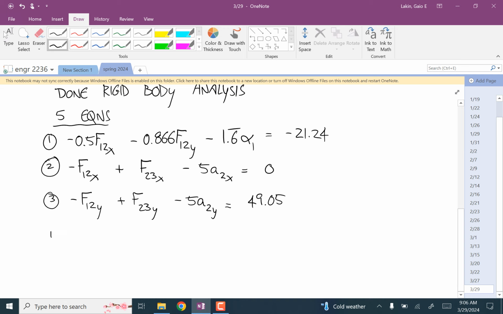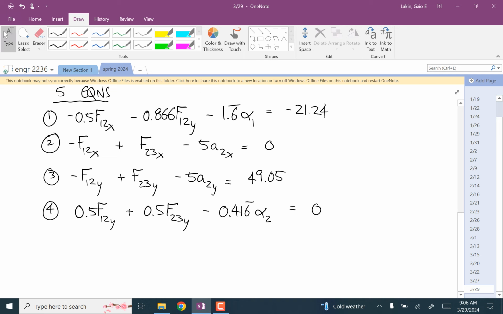Two more to go. The fourth equation says 0.5 F12y plus 0.5 F23y minus 0.416 repeating alpha 2 is equal to 0.